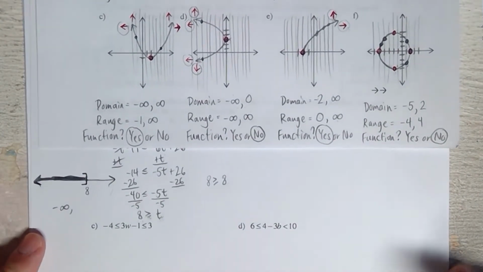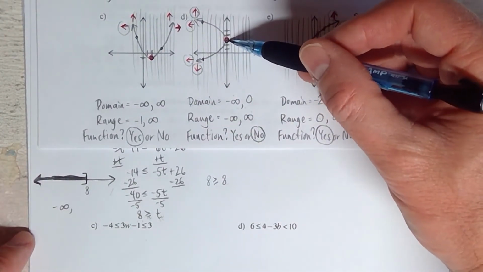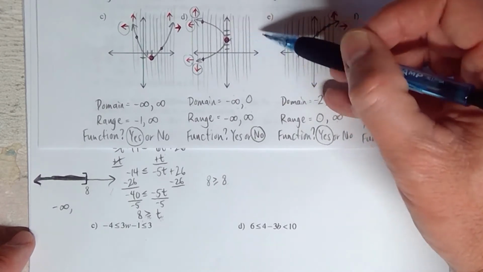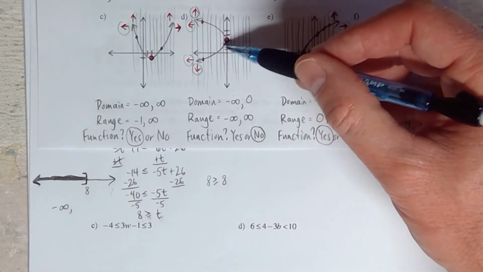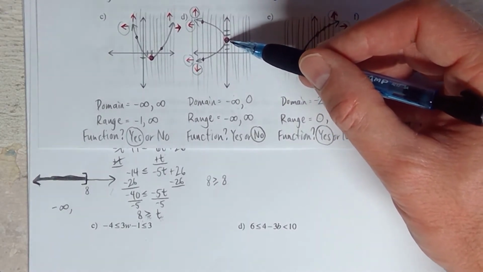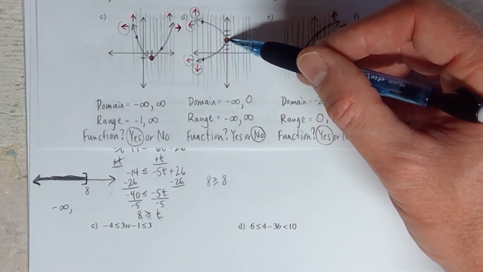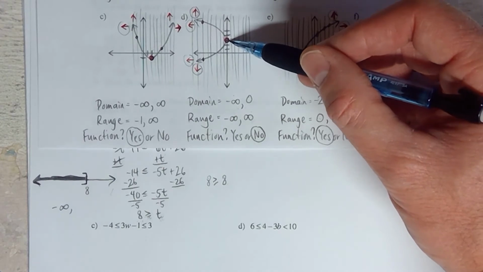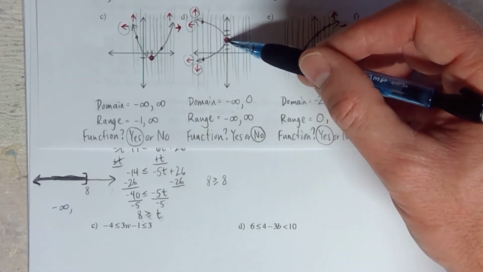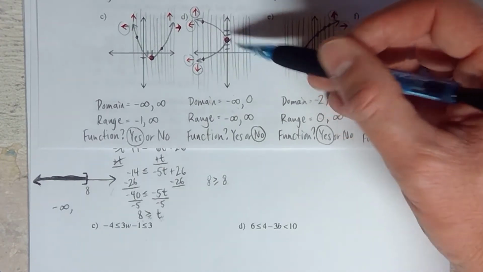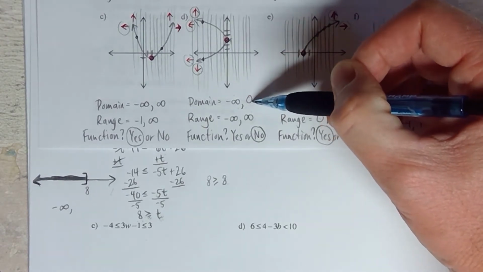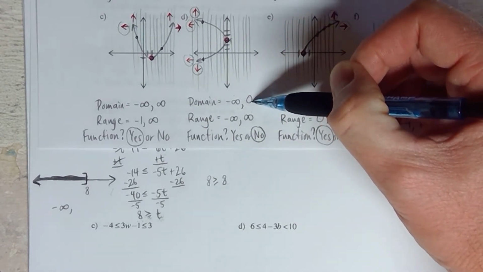Okay, and then notice here that there is a rightmost point. It does not go forever to the right at all. The furthest to the right that the graph goes is this point right here, and the x value at that point is 0 because that's (0, 3) right there. So that means that the rightmost x value is 0, and that's what you put after the comma, the x value that is furthest to the right.